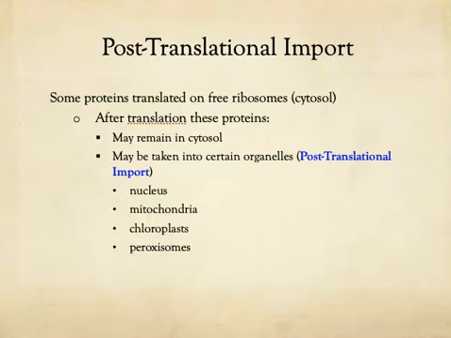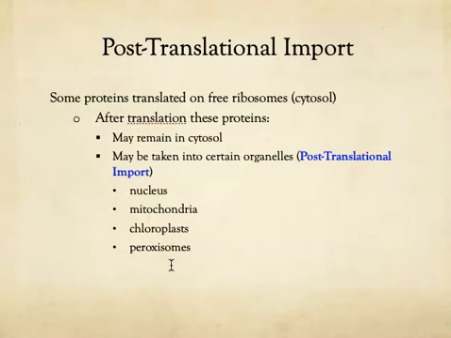For example, there are proteins that are destined to remain floating in the cytoplasm. There are proteins that are destined to become part of the nucleus, or the mitochondria, or the chloroplast, or the peroxisome. Any protein whose final destination is in this list is not going to go through co-translational import.